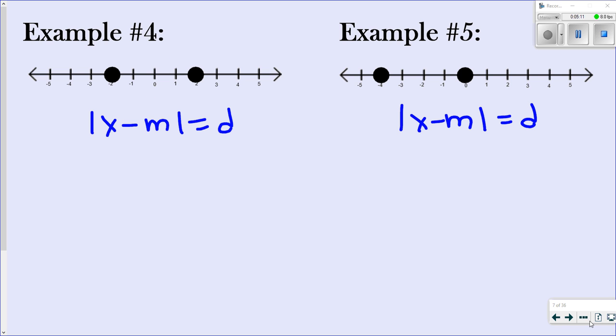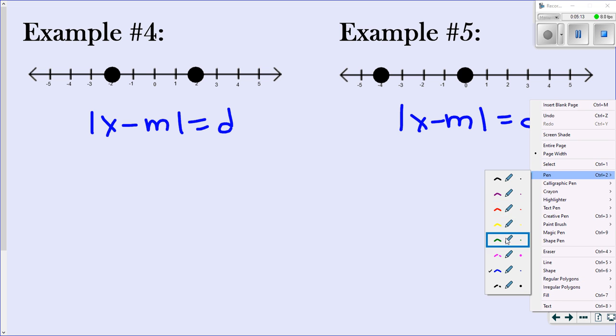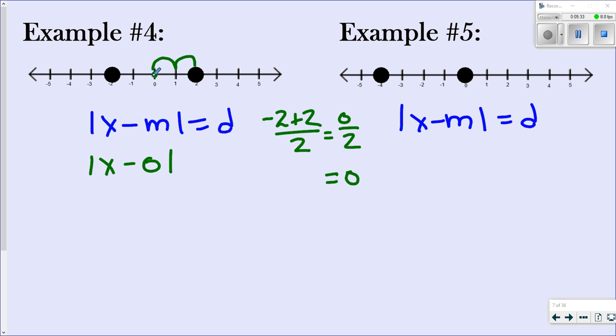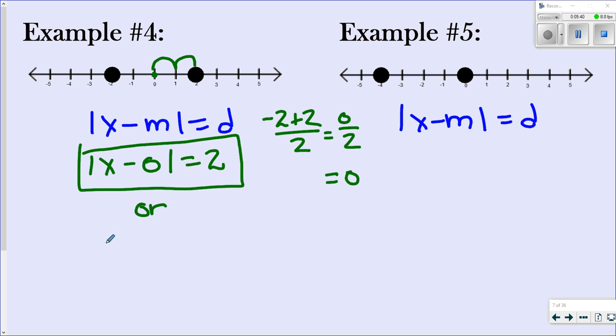But if you didn't know, because let's say the numbers are spread very far apart, you could just do negative 2 plus 2 and average it out, divided by 2. So that will give you 0 divided by 2, and then it's 0. So 0 is your middle. Then you would have x minus 0, and your distance is 2 from that middle point. So that would be your equation. Or you could write it like x equals 2.